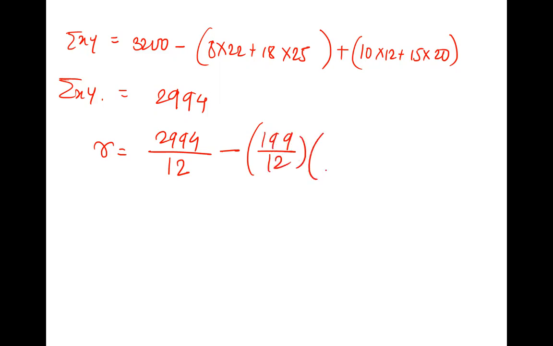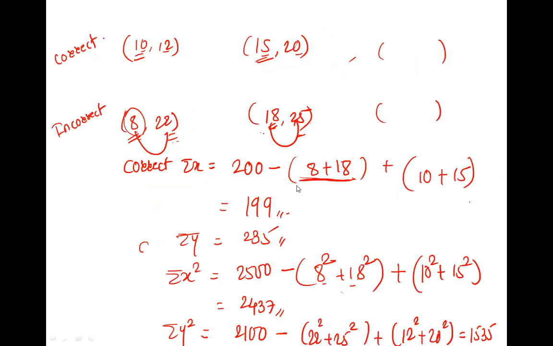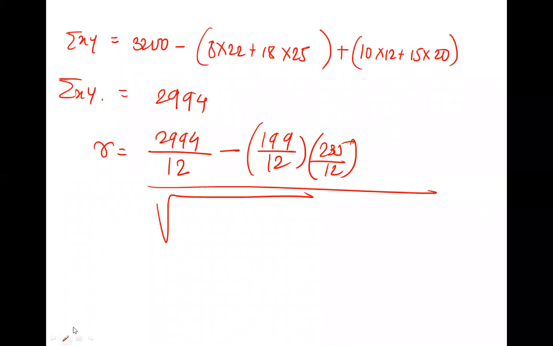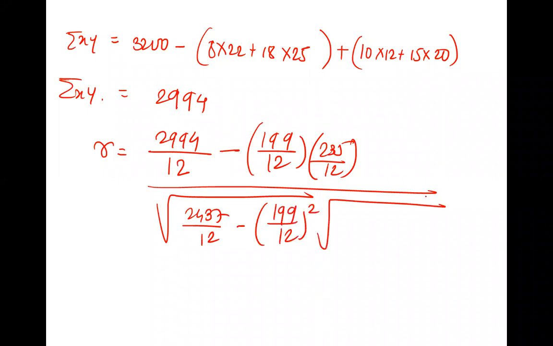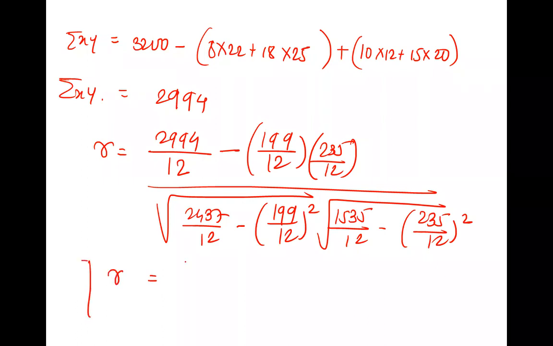By 12 into summation y is 235 by 12, upon under root summation x square is 2437 by 12 minus 199 by 12 bracket square, into under root summation y square is 1535 by 12 minus 235 by 12 bracket square. You will solve this and then whatever is the answer will be the correct one.